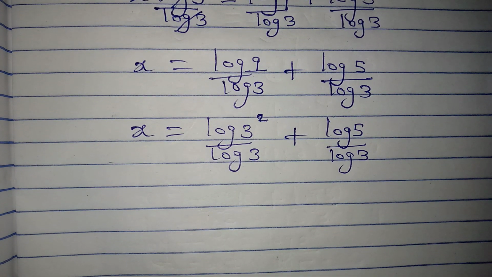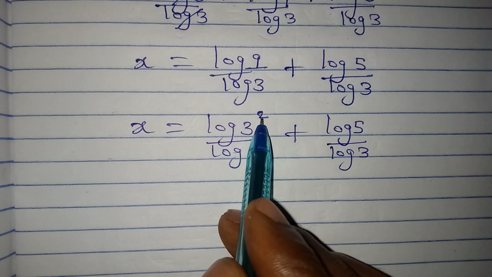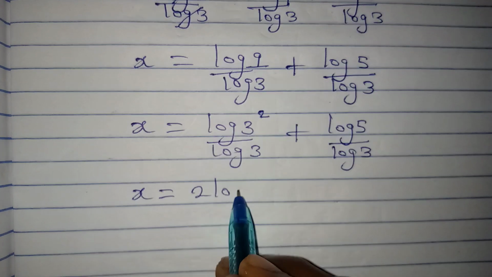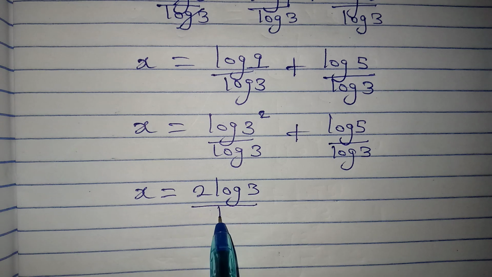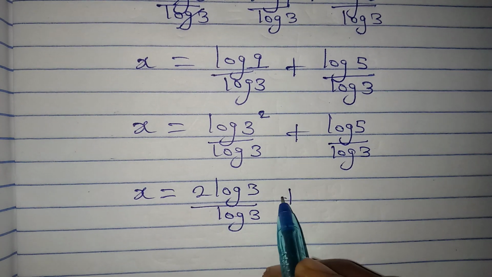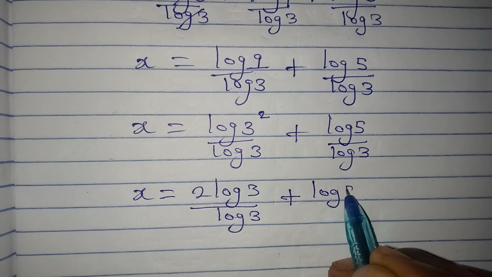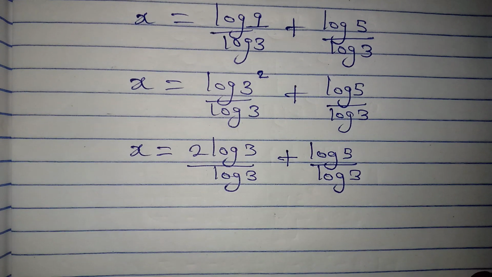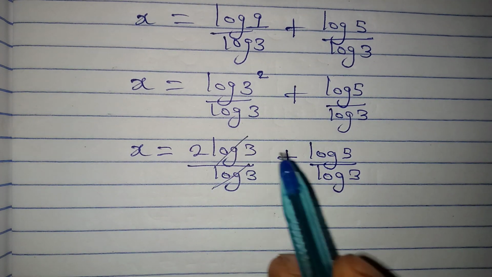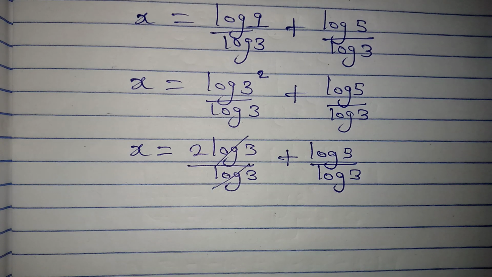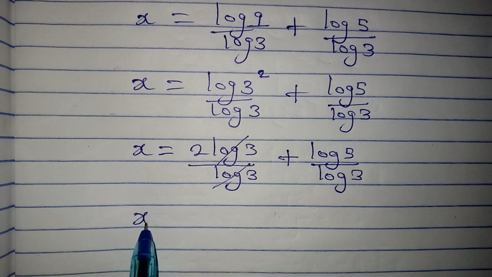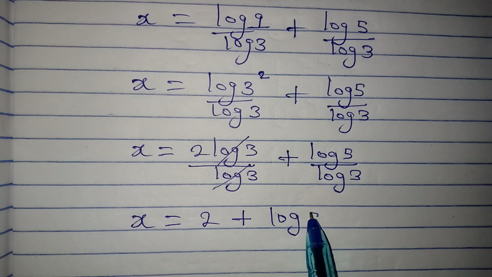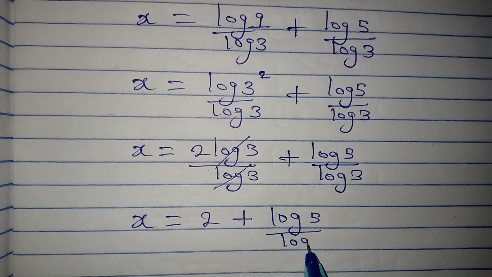Remember that powers can always go behind, so x will be equal to 2 log 3 over log 3 plus log 5 over log 3. From here, log 3 can cancel log 3, and we have 2 over 1, which is the same as 2, meaning that x is equal to 2 plus log 5 over log 3.